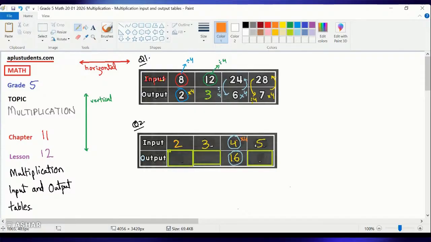Therefore, all the input values are multiplied by 4. 2 times 4 is 8. 3 times 4 was 12. 4 times 4 was 16. And 5 times 4 became 20. So this is a horizontal input and output table.